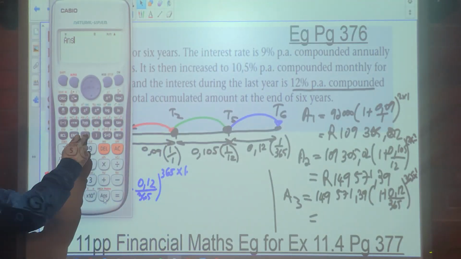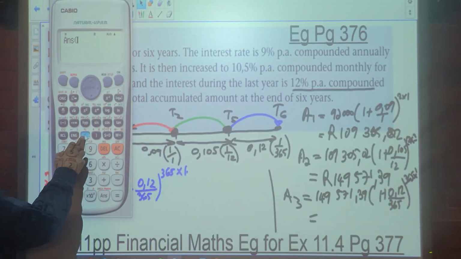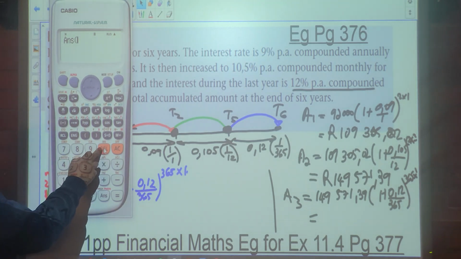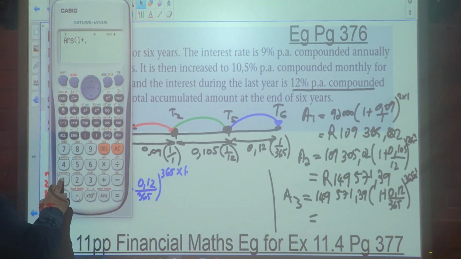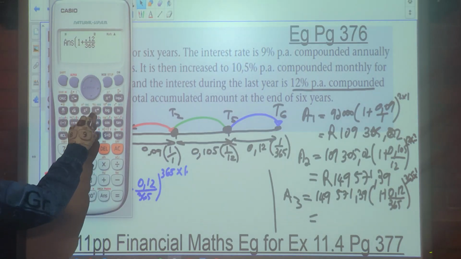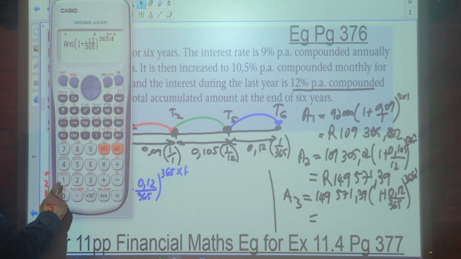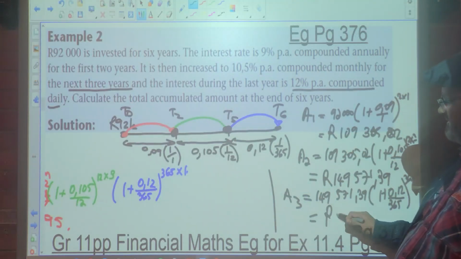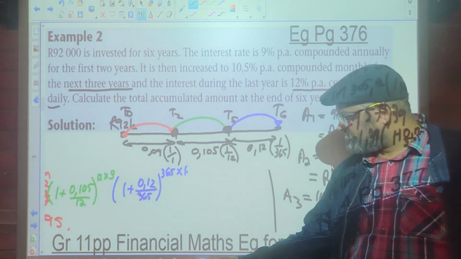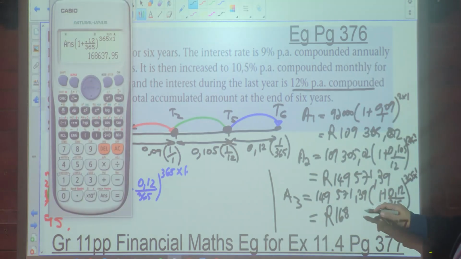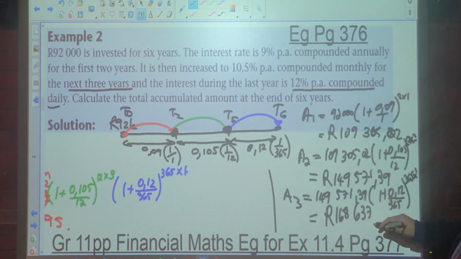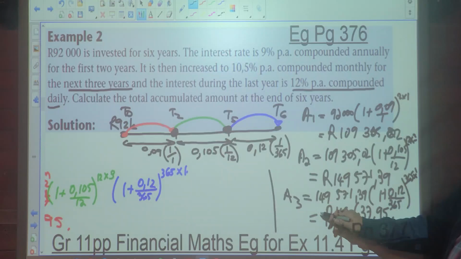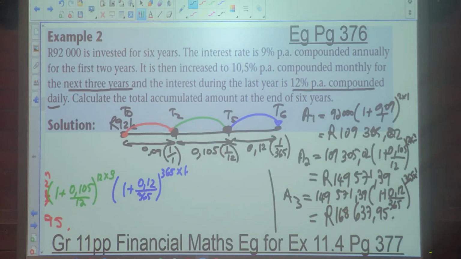So answer into, open brackets, 1 plus 0,12 over 365 to the exponent 365 times 1. It gives you the answer that we had initially, which is 168,637 and 95 cents. Is that better?